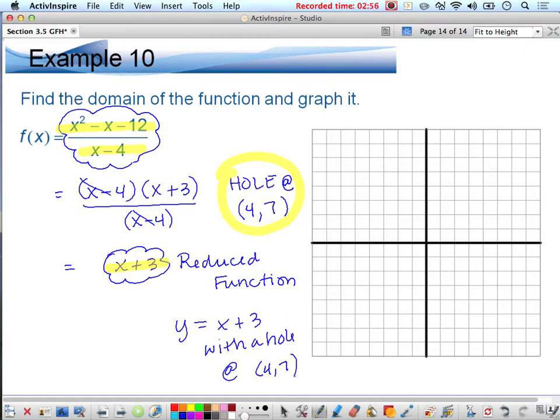If you have a hole, you actually just graph the reduced function, which is just a line, so we can do that very quickly. Y equals 1x plus 3. Here. And then up 1 over 1, up 1 over 1, and so on. Are you good with that? Okay, so there is my graph of y equals 1x plus 3.